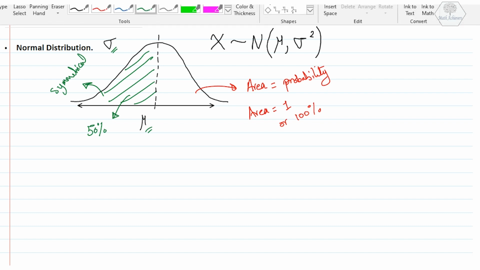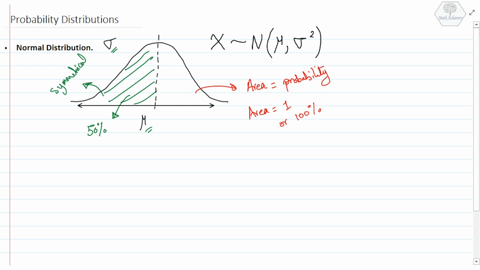For normal distribution, there are always two types of questions. The first type is when the x value is given and we need to find the probability. In this case, I need to find the area.